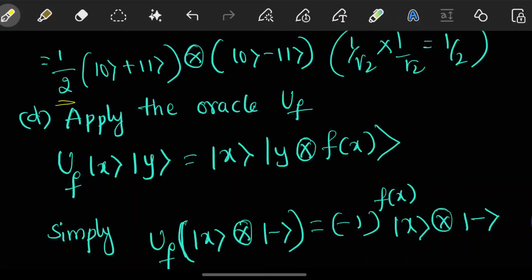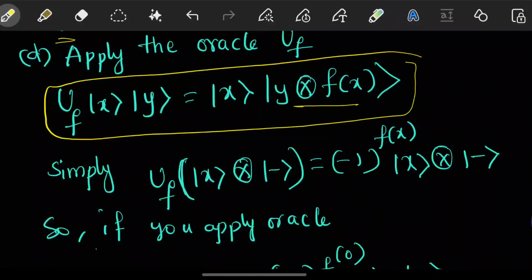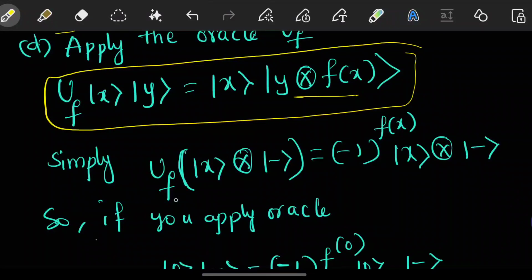Mathematically, it performs this action: U_f ket x ket y equals ket x ket y XOR f(x). Simply, U_f on ket x tensor product with ket minus gives minus 1 to the f(x), ket x tensor product ket minus.